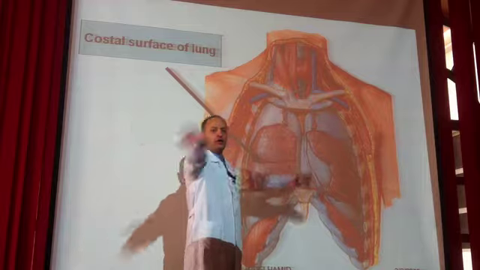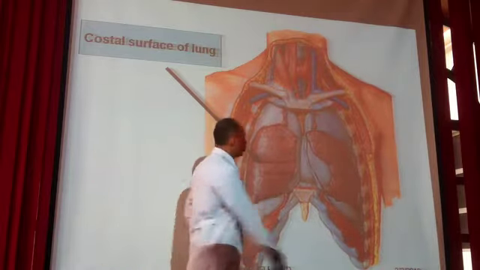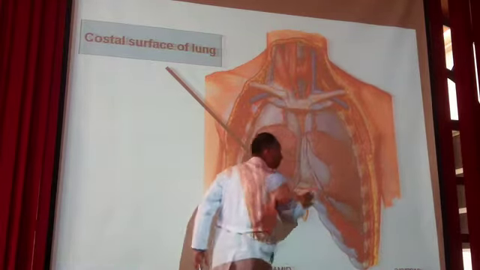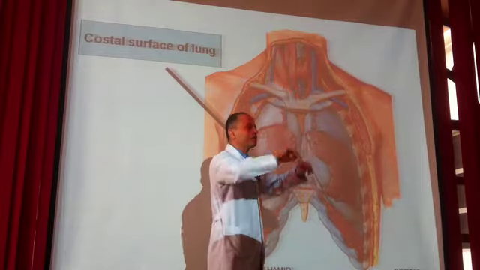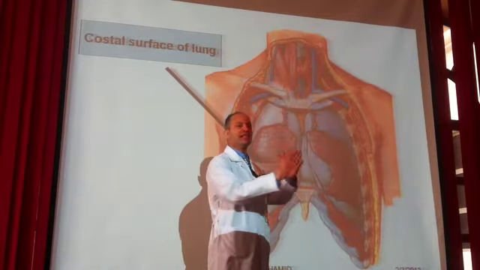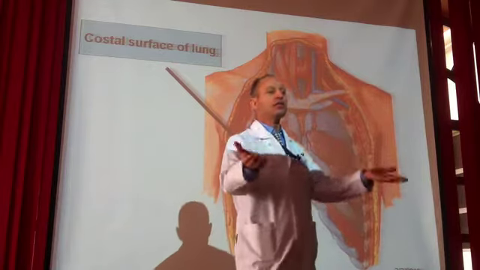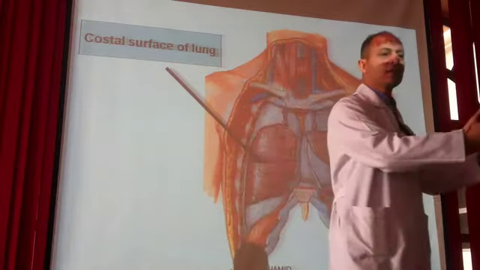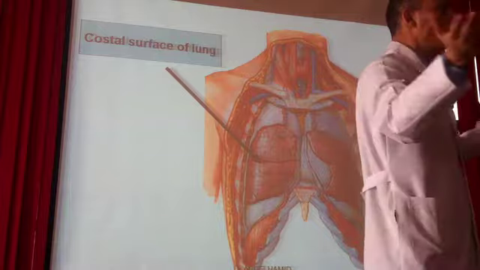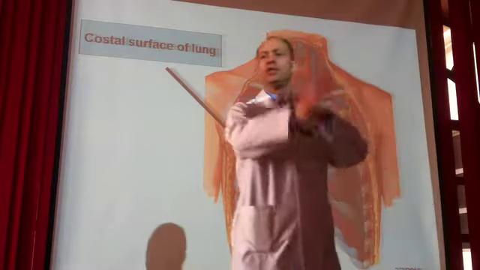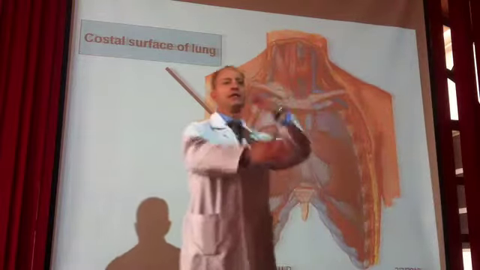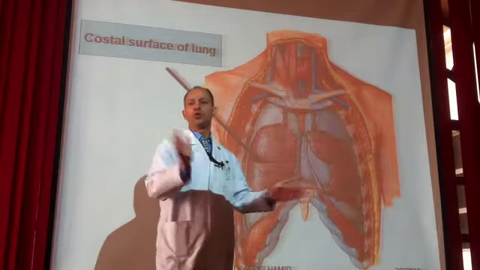The remaining contents of the thorax occupy a mid position in between, and they are described totally as mediastinum. So what is mediastinum? All structures inside the thorax other than the lungs and the pleura: heart, blood vessels, lymphatics, nerves, tubes, and so on.